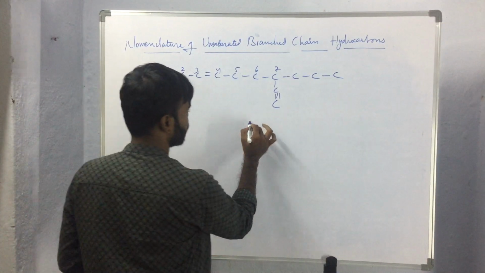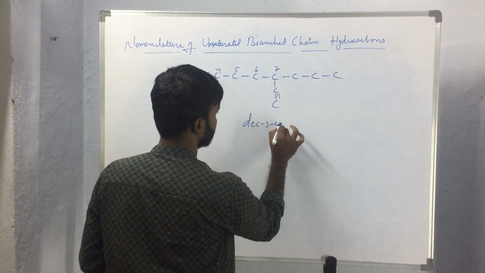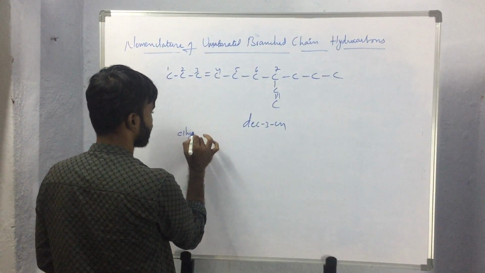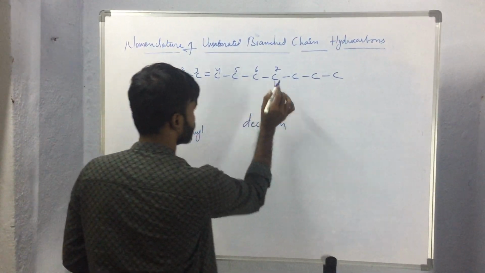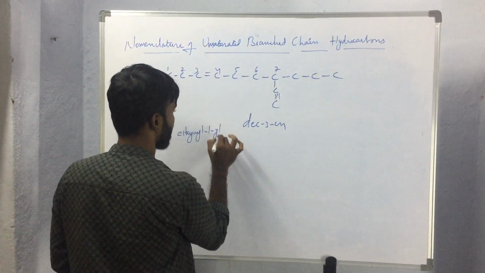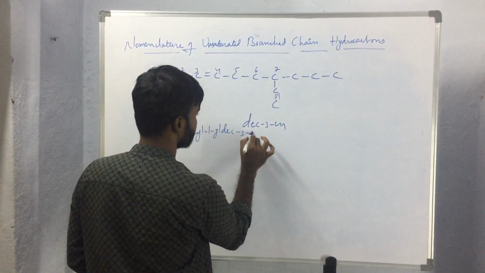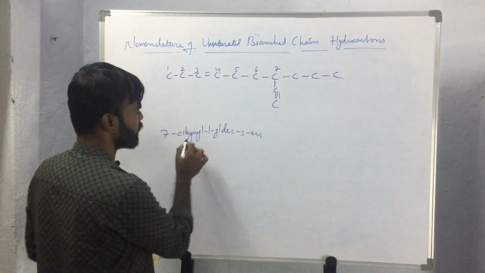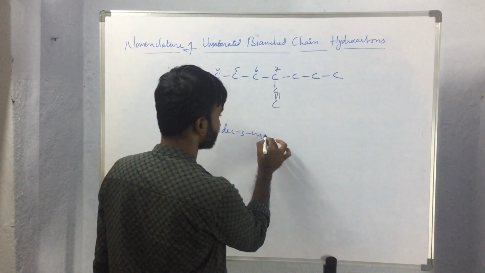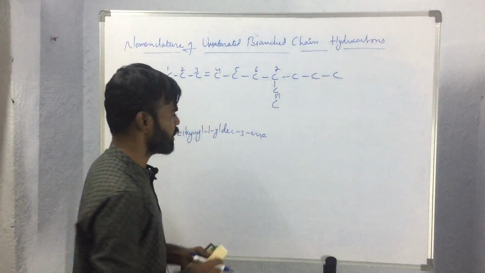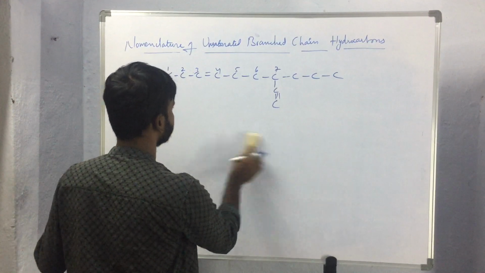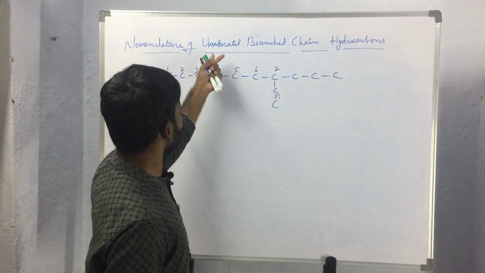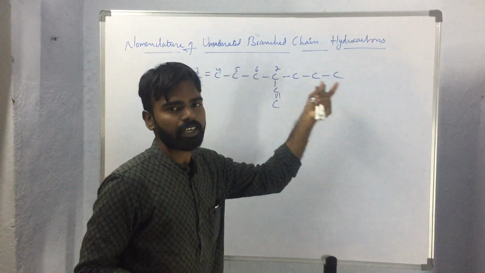The name of the parent chain will be dec-3-ene and the side chain will be ethynyl. So 7-ethynyl-1-yl dec-3-ene. This will be the name of this compound. So like this we will be naming the unsaturated branched chain hydrocarbons.